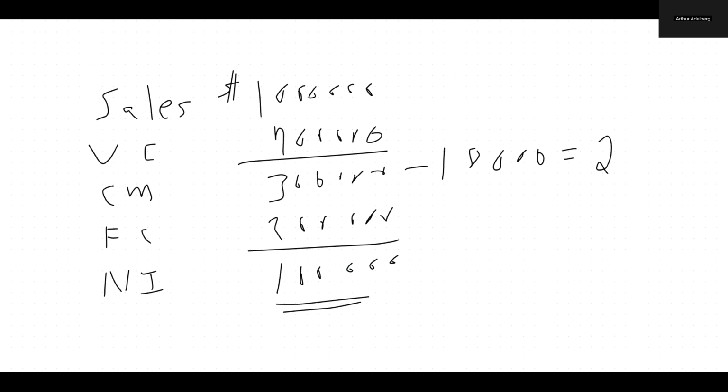Okay, 282. Right? So now that's my new contribution margin. What's going to happen to my fixed cost?